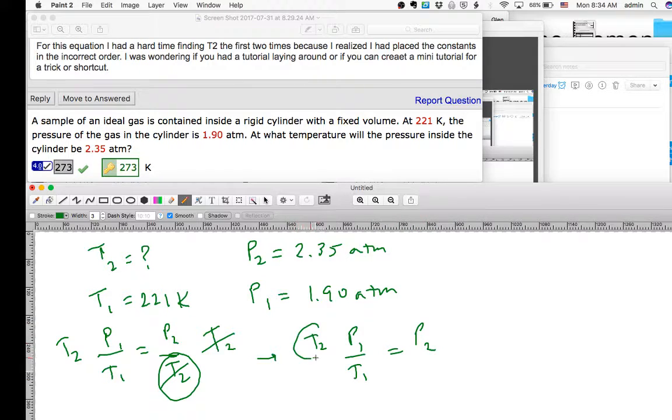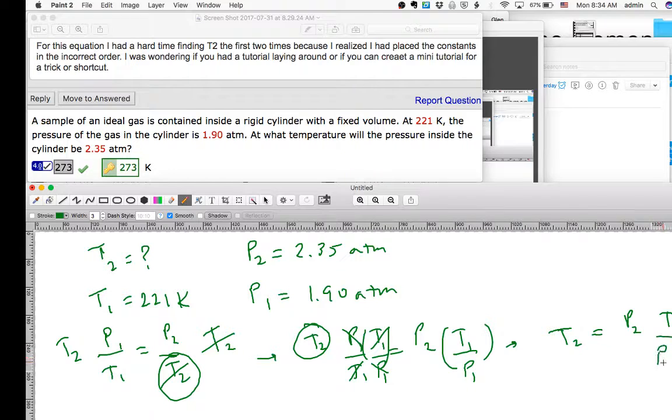Now I need to get this alone, so I'm going to multiply both sides by the reciprocal of the other term, which is T1 over P1. That's going to cancel these out, and it's going to cancel these out, so T2 will be alone. So I end up with T2 equals P2 T1 over P1.